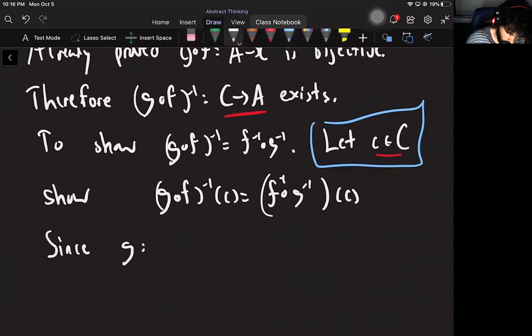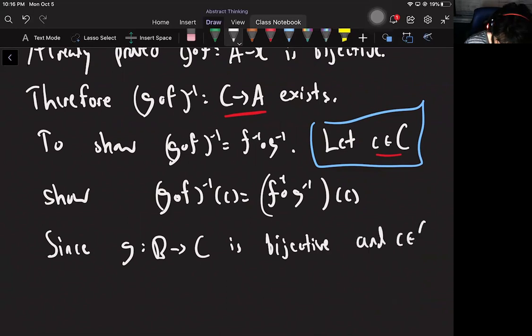Since G is bijective, I'm really using the surjective part. But I'll just say the whole thing. That means that because I found something in the codomain, there exists something in the domain that maps to it.